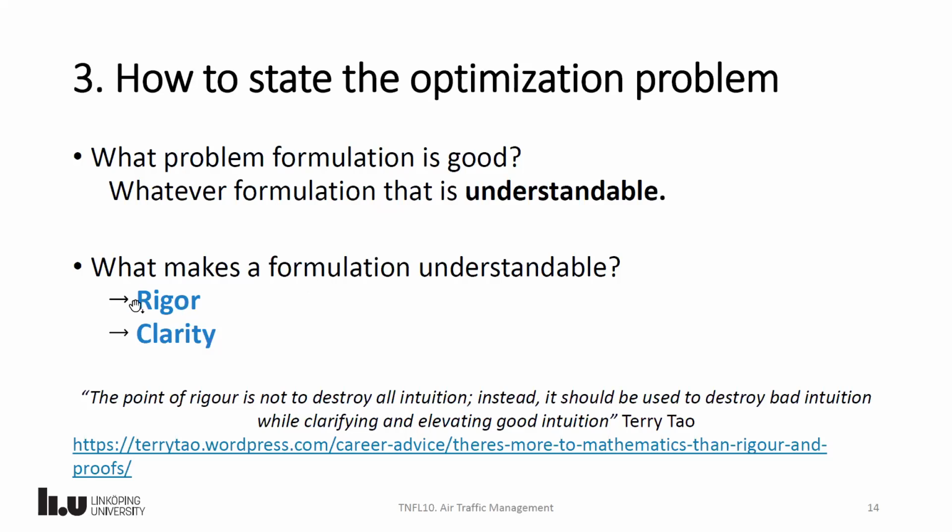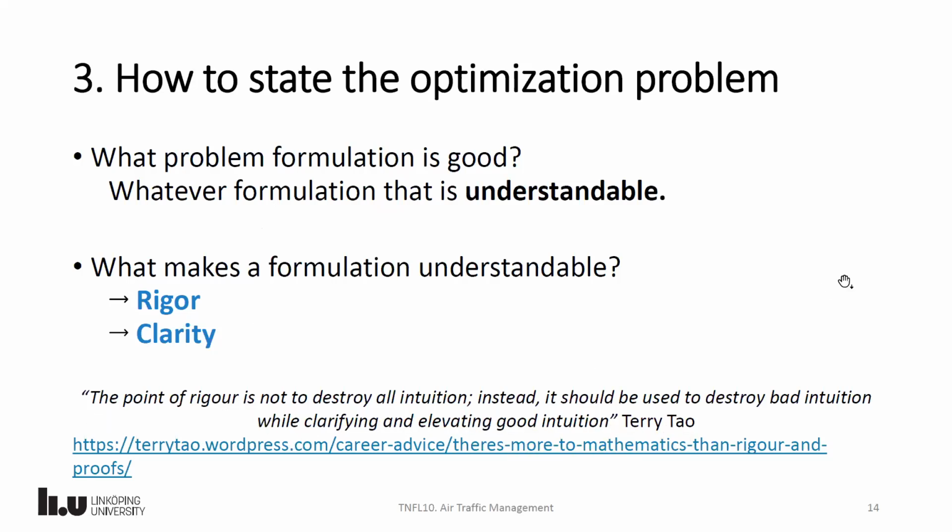And what makes the formulation understandable is two things. First is rigor, and the second is clarity. Here we have a quote from somebody named Terry Tao that says, "The point of rigor is not to destroy our intuition.